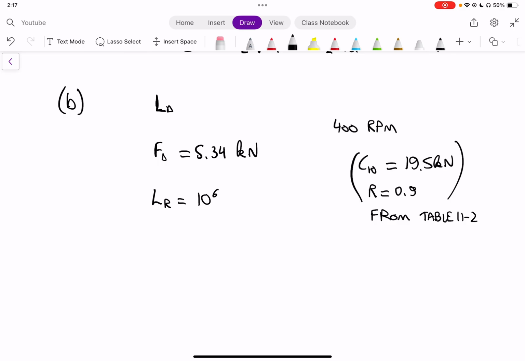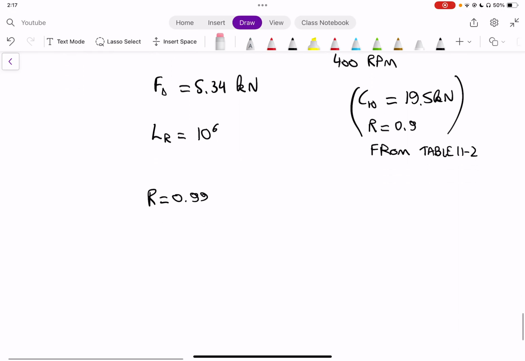Okay, so if we try and solve our problem, we know that we also want a reliability of 0.99. So we're going to have to translate our system to a certain reliability, and then rearrange our equation to find our x value. So let's write the equation for C10 whenever we have a different reliability than 0.9.